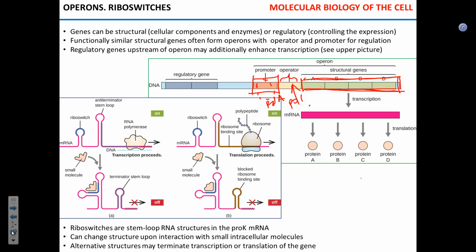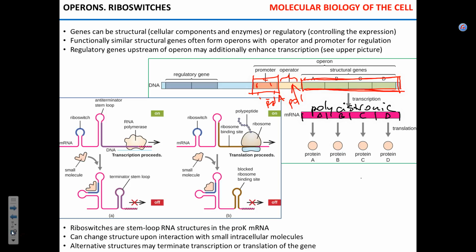So this is poly. Let me switch to another color. Polycistronic mRNA, because it contains the A, B, C, and D genes, right? It's all one long transcript. That makes sense?